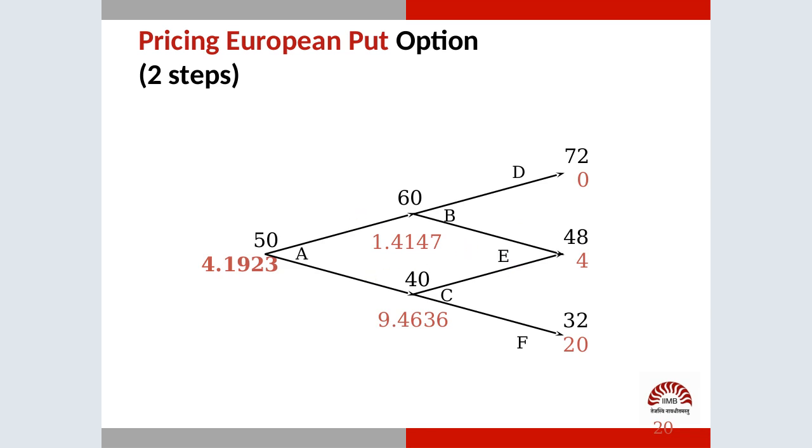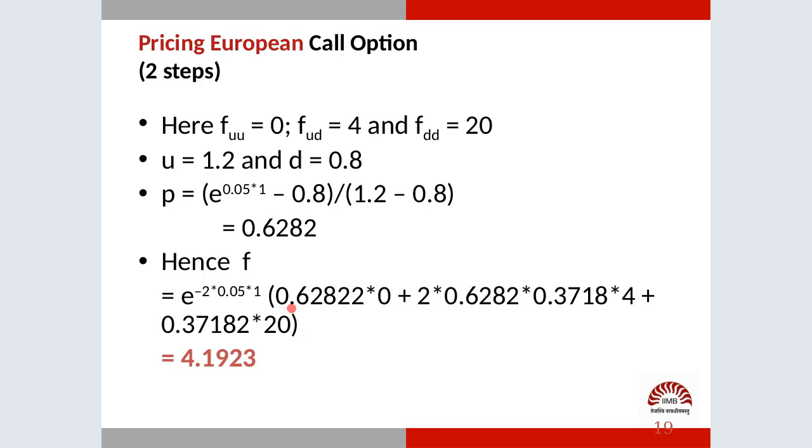So now what is the P? Remember, I got the P to be 0.6282. So therefore, what is 1 minus P? Right? Now, let's go here.